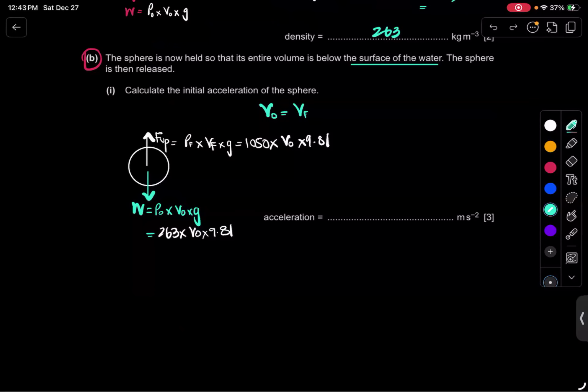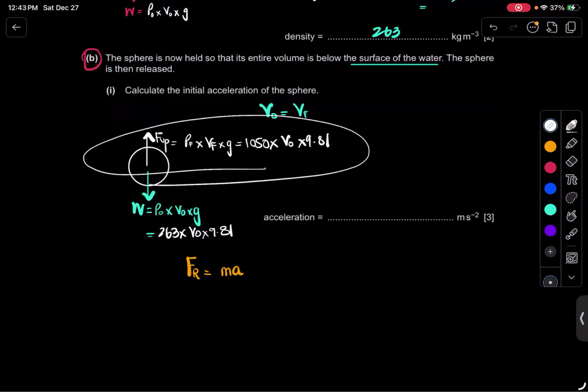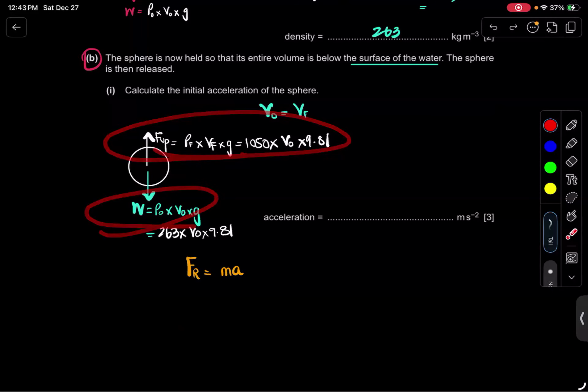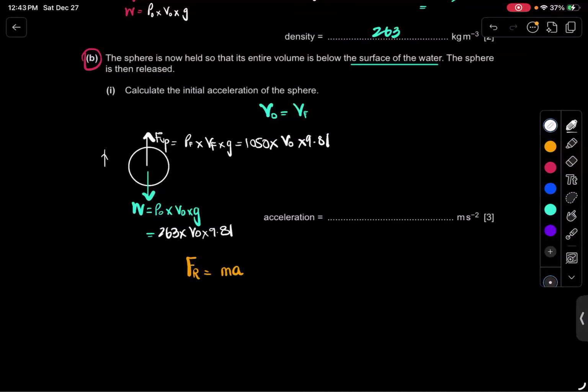Now, how do I find out the acceleration? You pretty much always use the resultant forces if forces are involved. So resultant force is equal to mass into acceleration. What is the resultant force? It's just the difference between them, and it's going to be F upthrust minus weight because it's going to accelerate upwards, right? Everything else is the same. The only thing that's different is 1050 and 263.